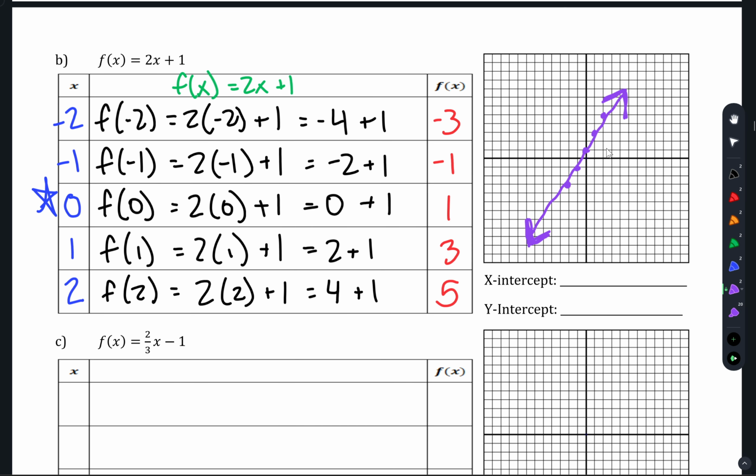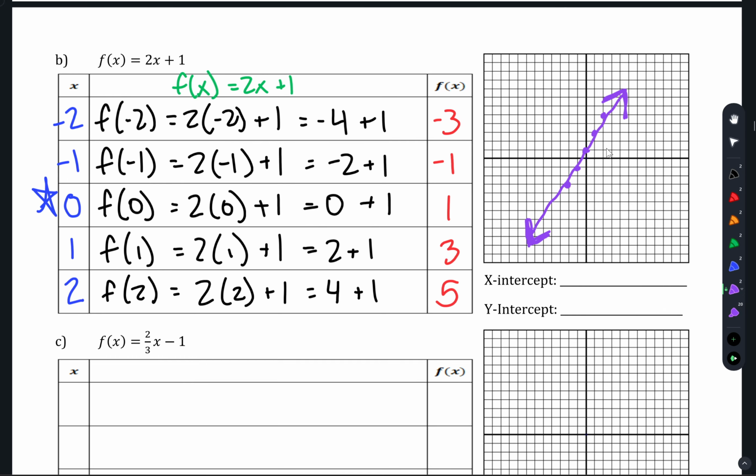Look up when you got it. Okay. X-intercept, y-intercept. What's our freebie? The y-intercept.